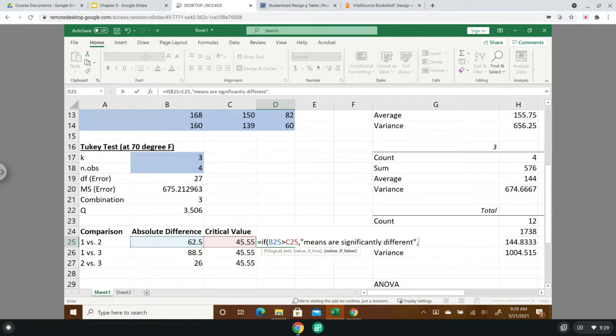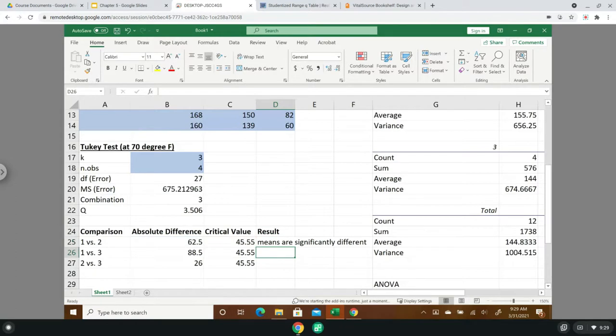If the condition is not true, if absolute difference is not greater than the critical value, then means are not significantly different.